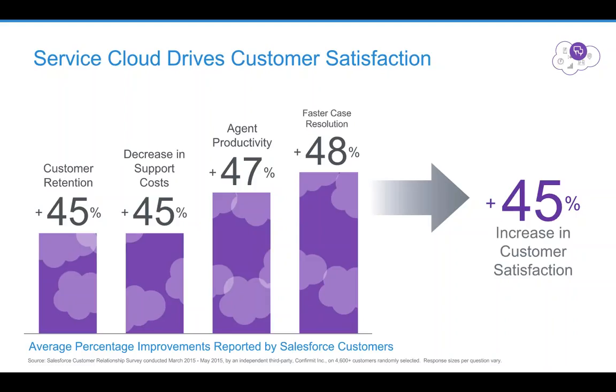All of these things we're going to talk about today, and Michelle's going to demo in about 1 minute, are all leading to increased customer retention, increased agent productivity, and all of this just really translates into more revenue for your company and increased customer satisfaction, which is nothing but a good thing.